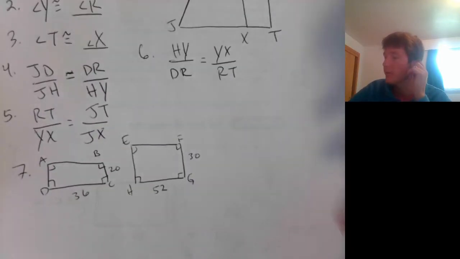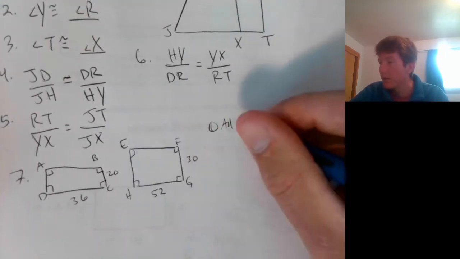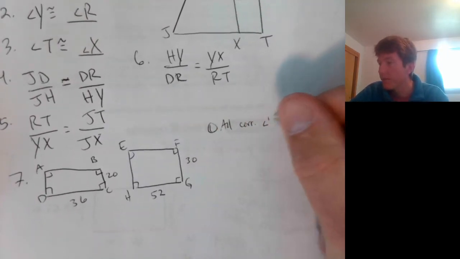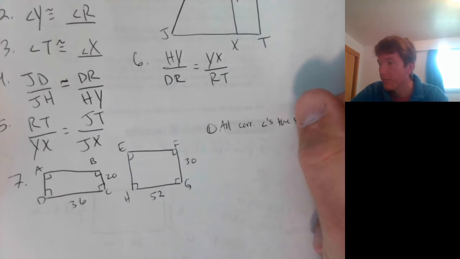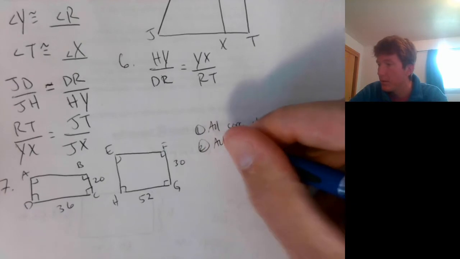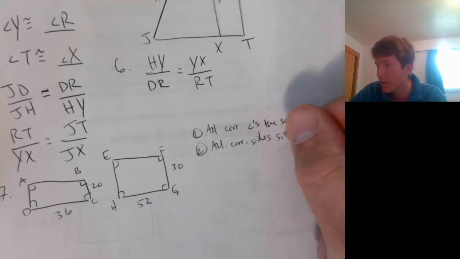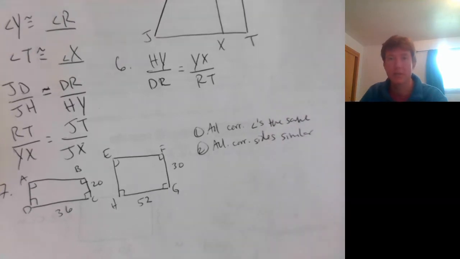Remember the two qualifications: we need all corresponding angles the same, or congruent, and then we need all corresponding sides similar, meaning they have the same ratio.